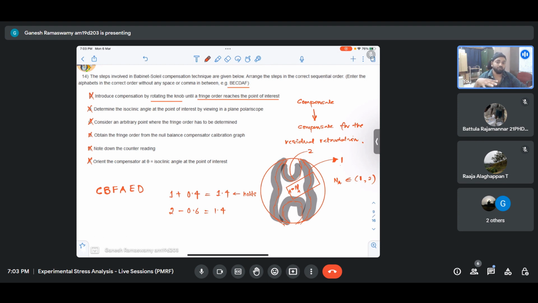This seems to be rather cumbersome, because of which researchers looked into the Jones matrix representation and found that we can instead do it very easily by conducting Tardy's method of compensation. That we will see next. If there are any questions here, please feel free to ask.